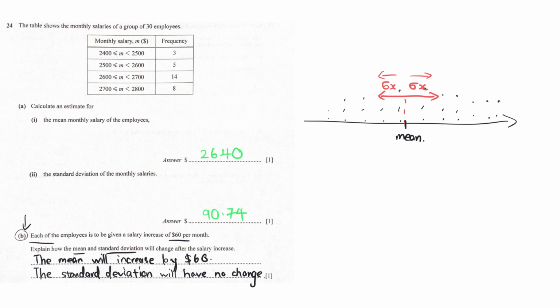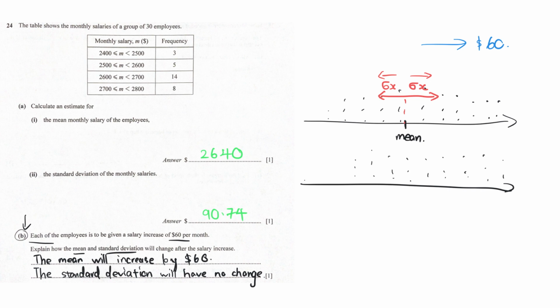Now if every single data point is shifted to the right or increased by $60, for example, so all your dots will shift to the right. Okay, don't mind the dots, okay?